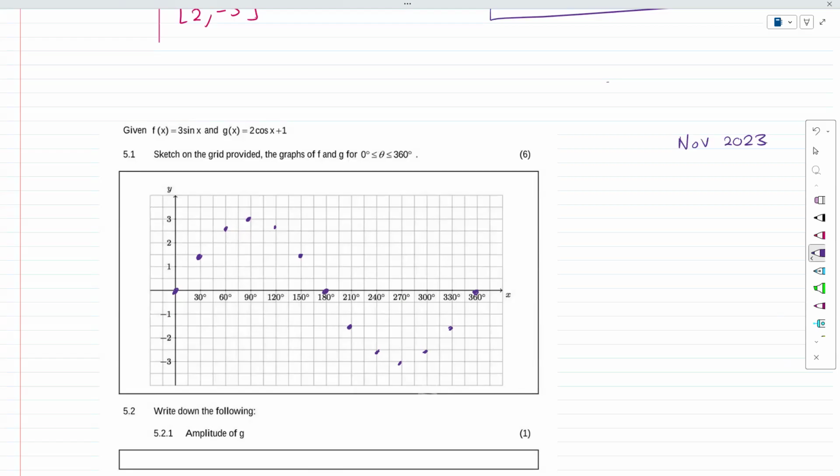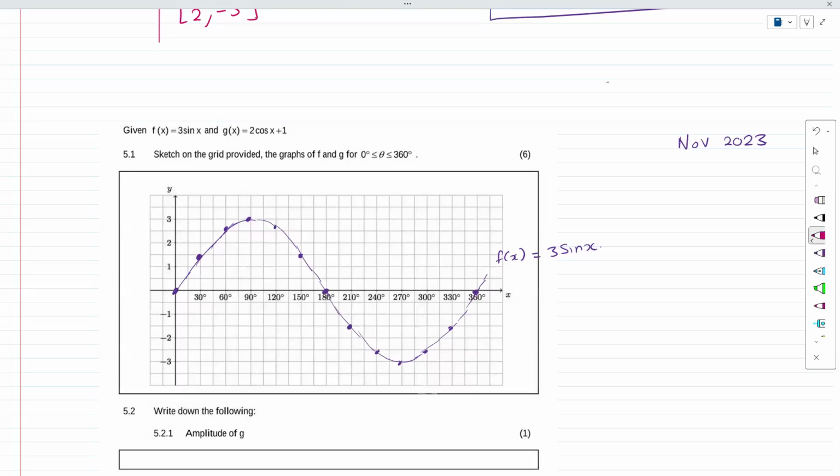Okay, so this is the one graph. I would never be able to draw this graph accurately because the graphic tablet is quite difficult to draw with, but that's the best I can do. That's f of x equals 3 sine x.